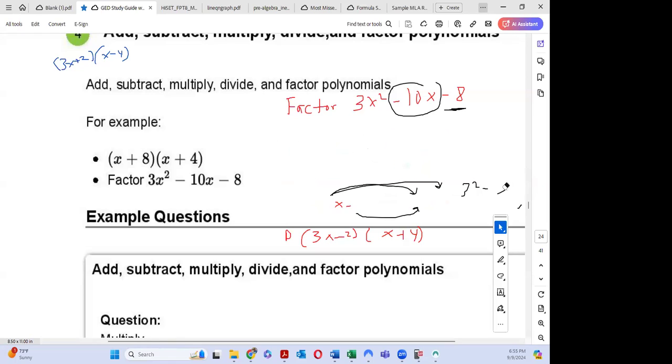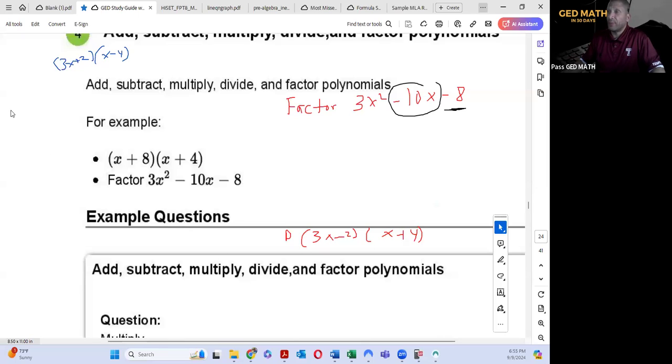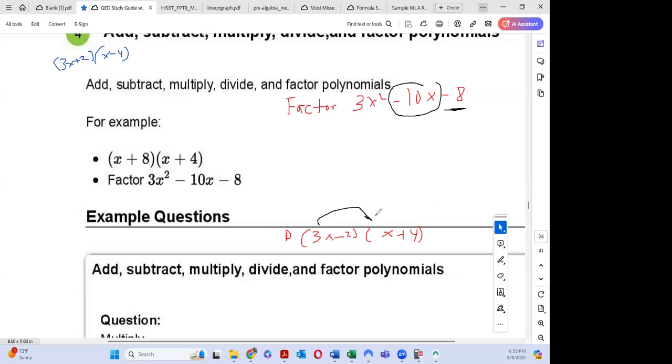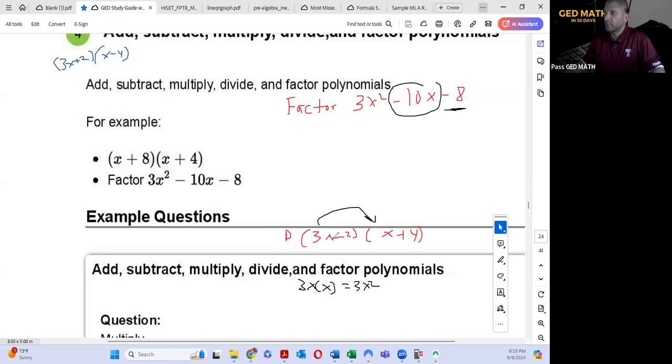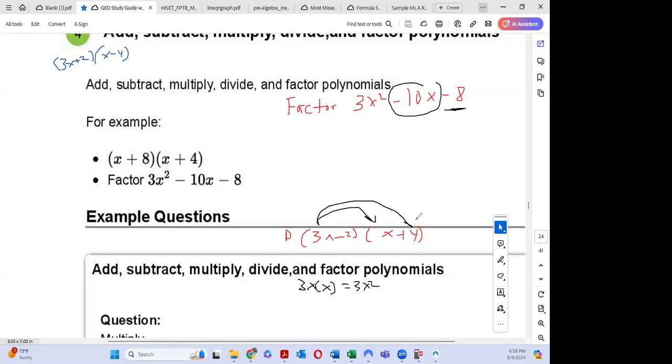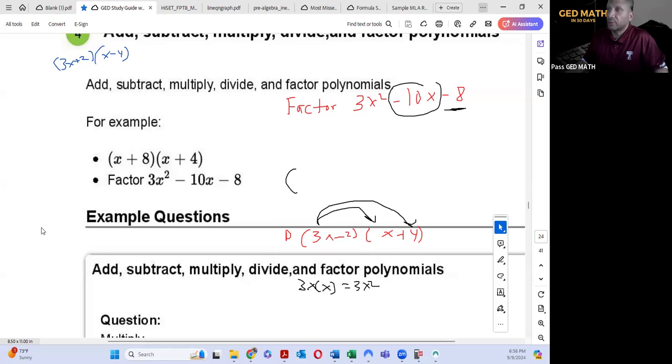Once you know the answer, watch this. Take my pencil. 3x times x is 3x squared. 3x times 4. Oops, that should have been minus 4 and a plus 2. Let me erase that.